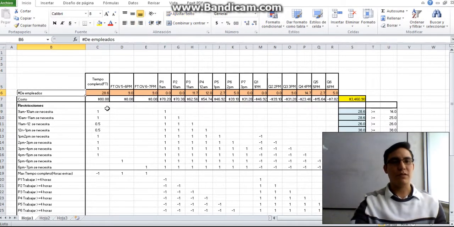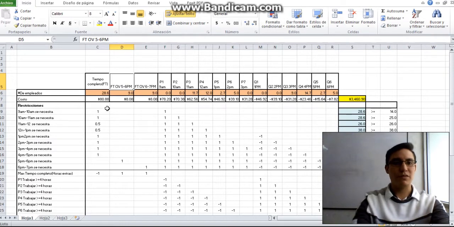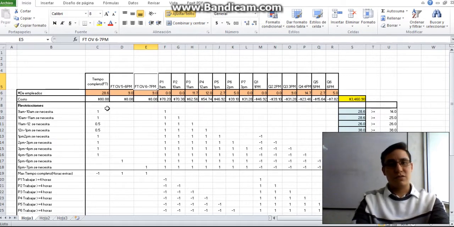Full-time employees, overtime for the full-time employees 5 to 6 p.m., overtime 6 to 7 p.m., P1, P2, P3, P4, P5, P6, P7. The hours are 9 a.m., 10 a.m., 11 a.m., 12 p.m., 1 p.m., 2 p.m., 3 p.m.